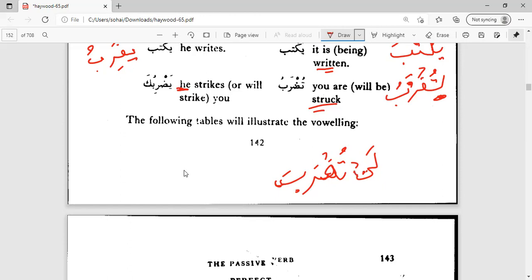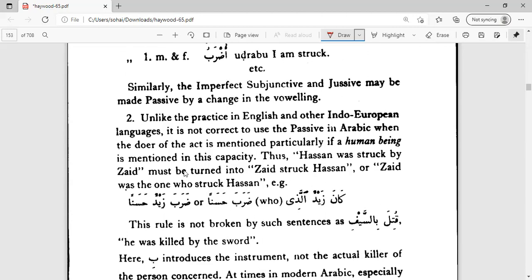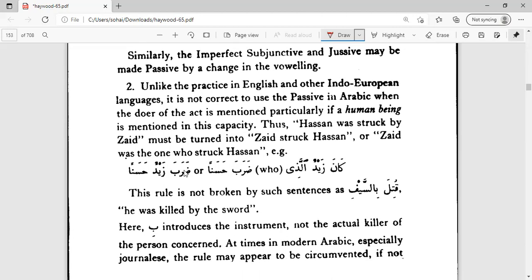Lan makes it future negation. Or if you say lam, then it will be lam tudrab, for example, you were not struck. So these particles still apply to majhul as well, to passive verbs. Does that make sense?